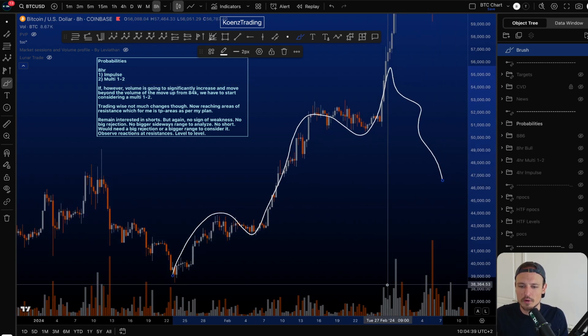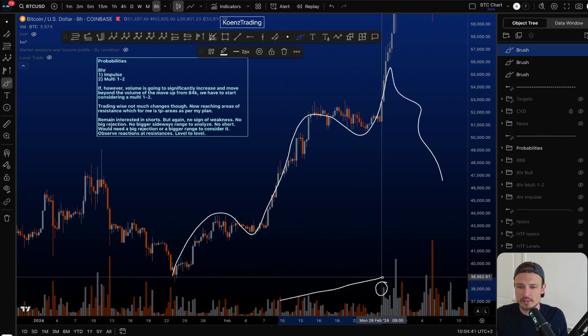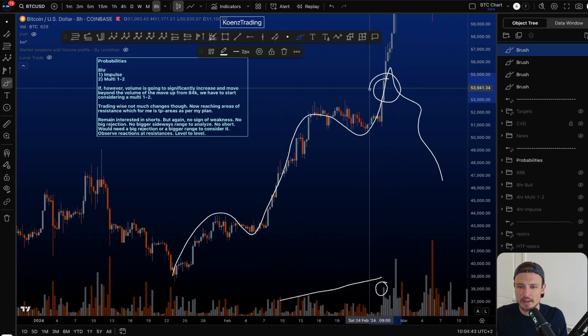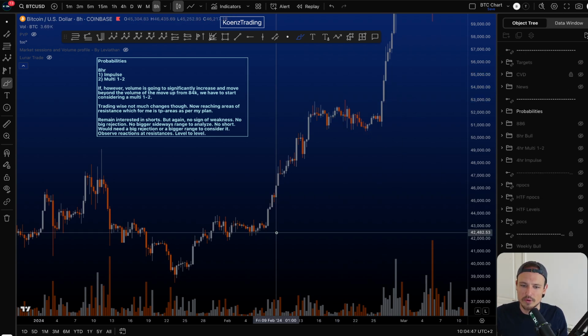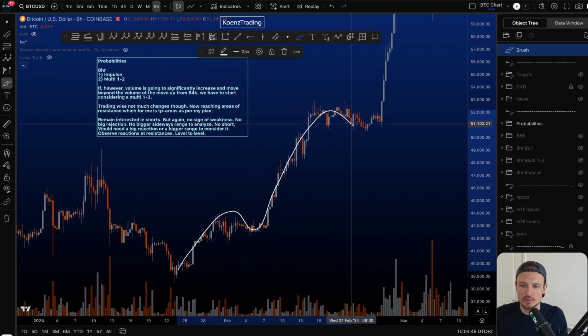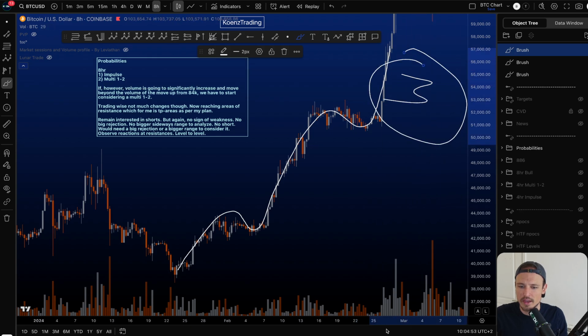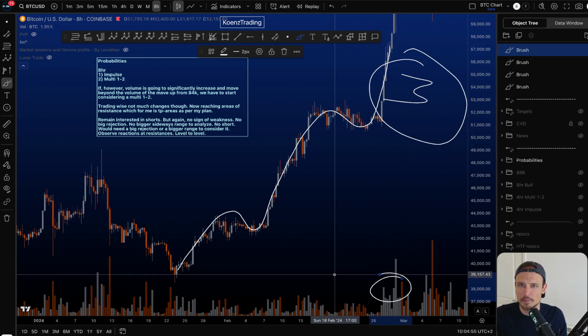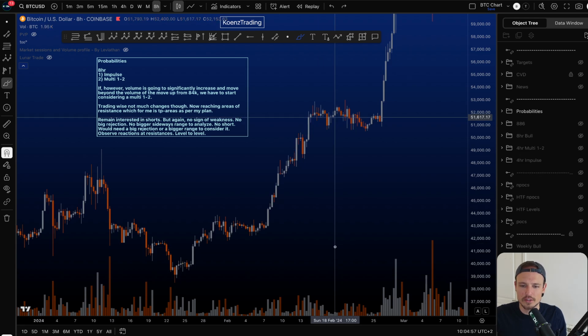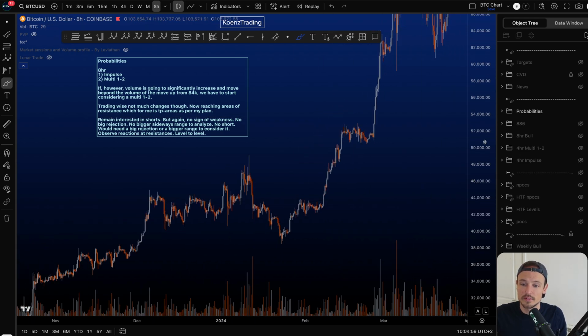However, the moment volume increased with the breakout here, the count changes to, hey, we got to be very aware of a 1, 2, 1, 2, and a 3, because most commonly a wave 3 has the highest amount of volume in an impulsive structure and not a wave 5.